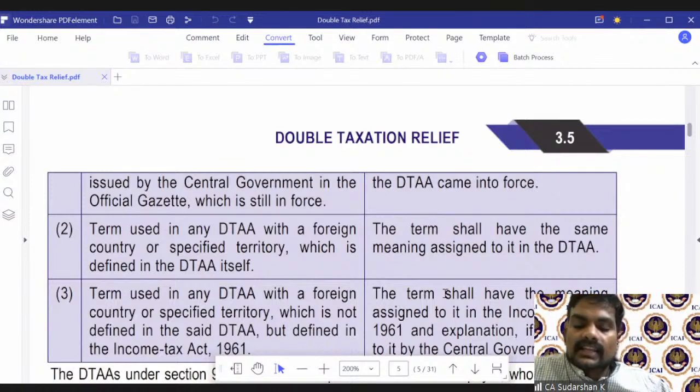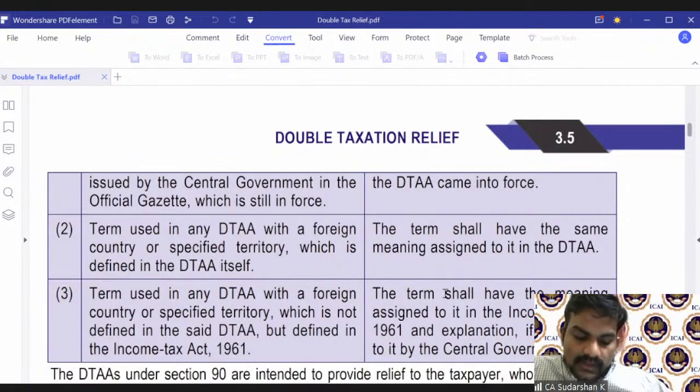So Section 90(3), and you also have some related explanations to it, some of which were also brought in to bring in the POEM guidelines. It says that if a DTAA term is not defined, and if it is defined in the Income Tax Act, you should adopt that terminology.